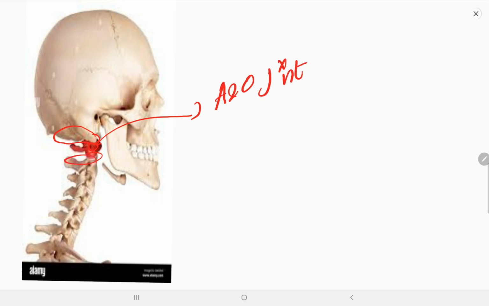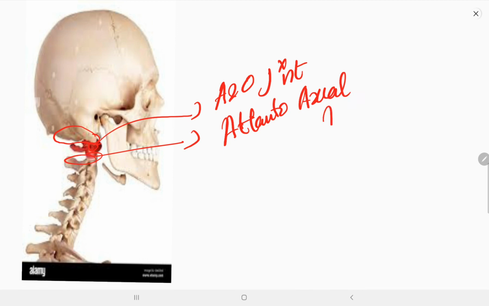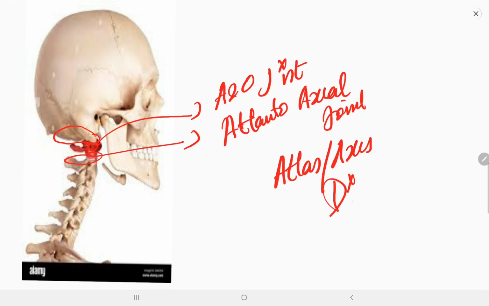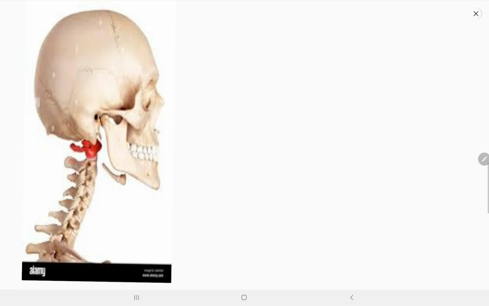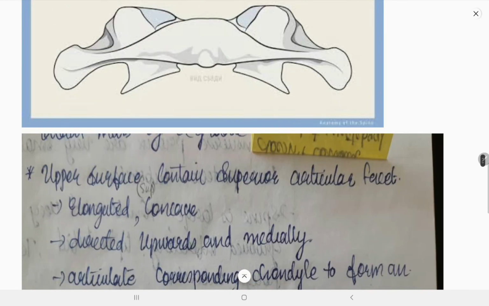Here the axis and atlas form the atlanto-axial joint. It is very important that the articulation of the atlas contains two joints, which are the atlanto-occipital joint and the atlanto-axial joint. There is no intervertebral disc between the atlas and axis. It is very important to learn that there is no intervertebral disc between atlas and axis.